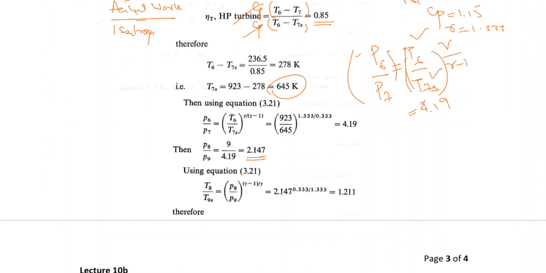Now, once I've got the expansion, I can move forward to find the temperature T9s, and then obviously T9 as well. So T8 by T9s would be equal to P8 by P9 raised to the power gamma minus 1 divided by gamma.